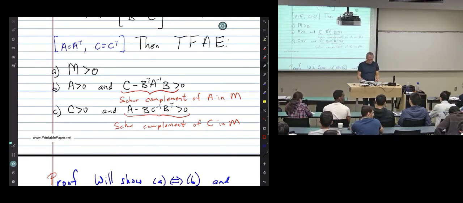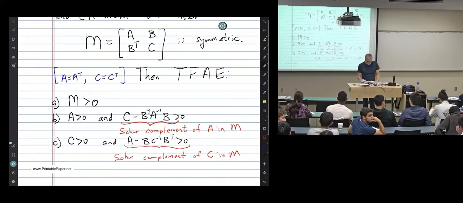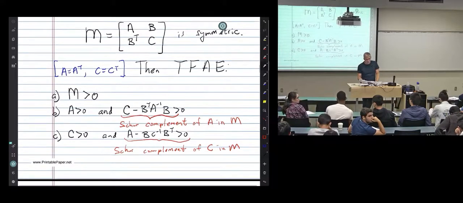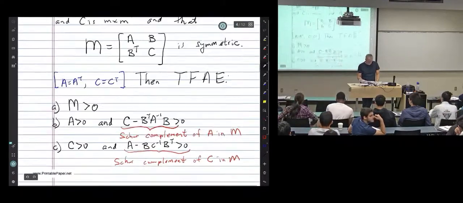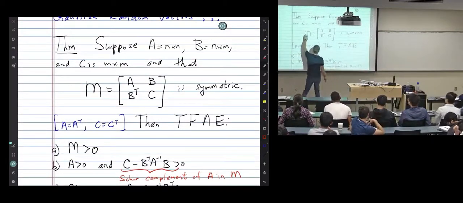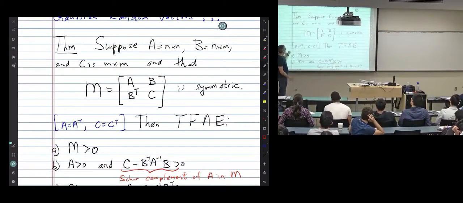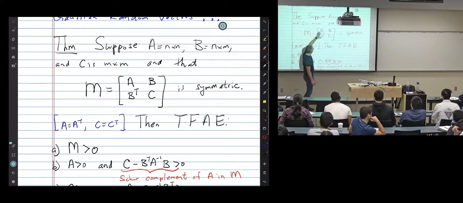Yes, please. So you only show this for the special x, y? So what we just did shows that this is true for any x, y. Yes, M is positive definite. We're taking the fact that for any x and y not equal to 0, x y transpose M x y is positive.